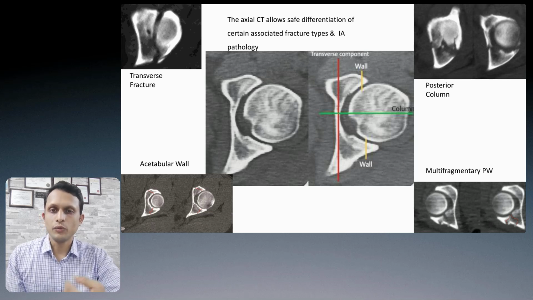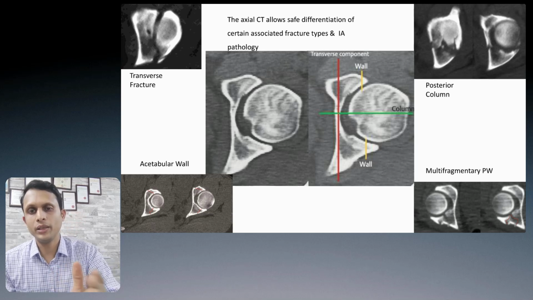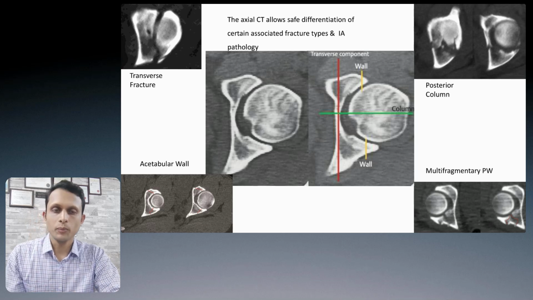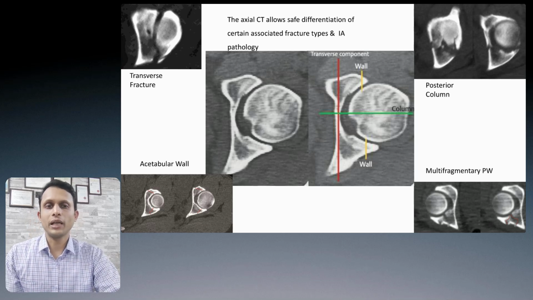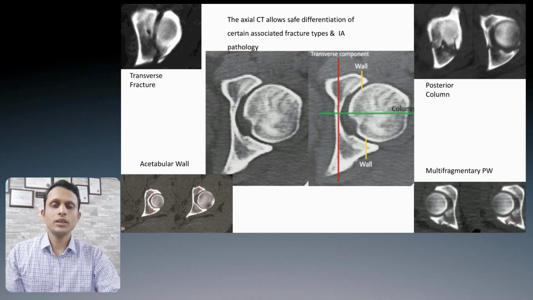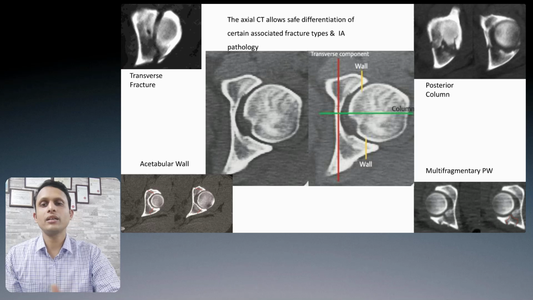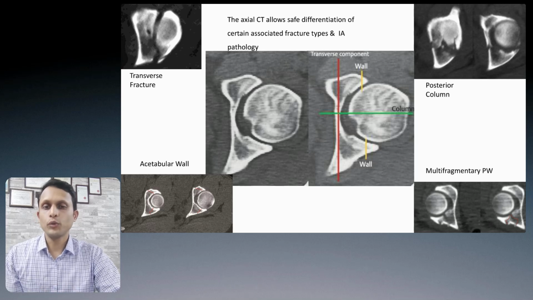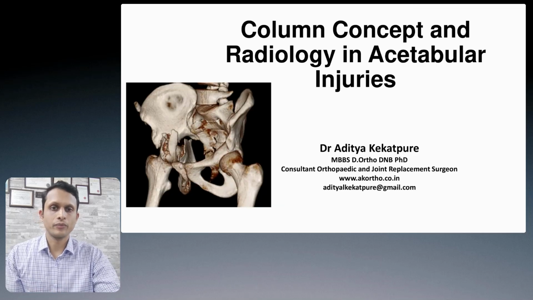When do we call it a wall fracture? Whenever there is a fracture line going through the walls, it can be the anterior wall or the posterior wall, and here there is a multifragmentary posterior wall fracture. So this axial cut is essential whenever we have to classify acetabular fractures.